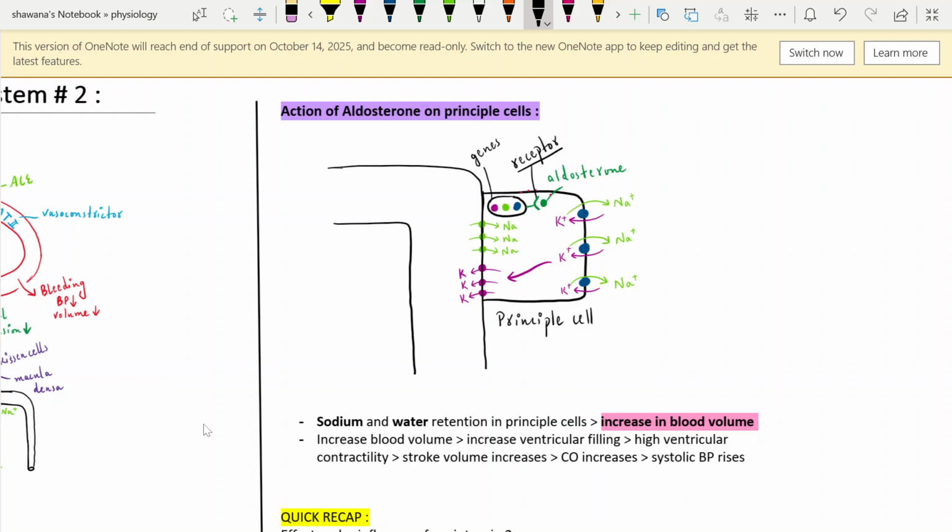It's the typical principal cell. It has sodium potassium ATPase on the basolateral membrane. It has sodium channels and potassium channels on the luminal membrane. Under the influence of aldosterone, what is going to happen? First of all, aldosterone is a mineralocorticoid. Its receptors are located inside the cytoplasm. The receptor will stimulate the nucleus.